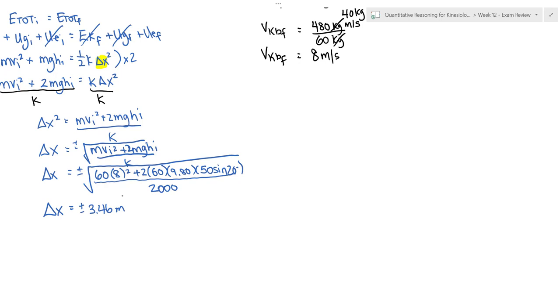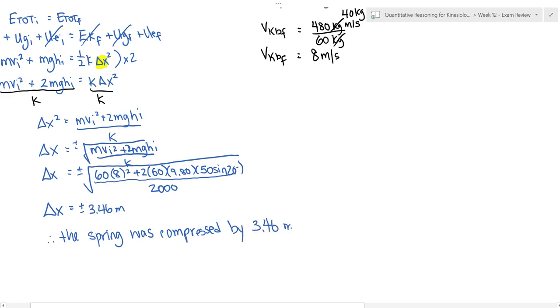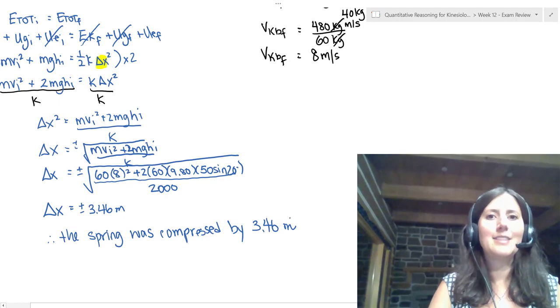We know that they're compressing the spring because they're just colliding into it. So we can say that the spring was compressed by 3.46 meters. And that's the final answer.